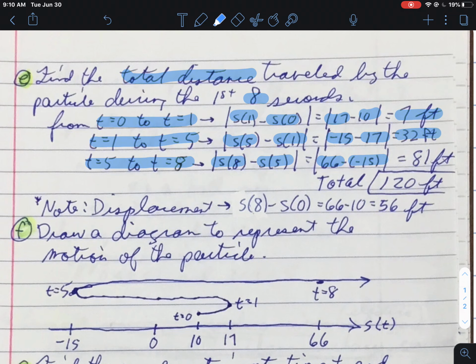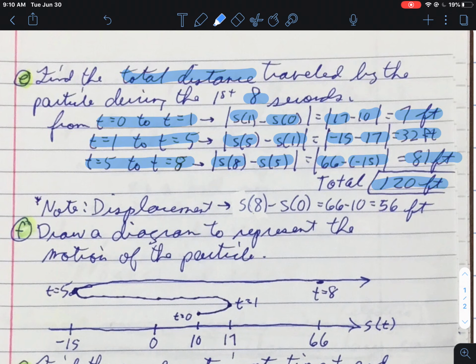So it's 66 minus negative 15, or 66 plus 15, which gives us 81, absolute value of which is 81. So that's giving me the distance traveled over each of those time intervals. And it's simply change in position over each time interval. And then we take the sum of those three to give us the total distance traveled of 120 feet.